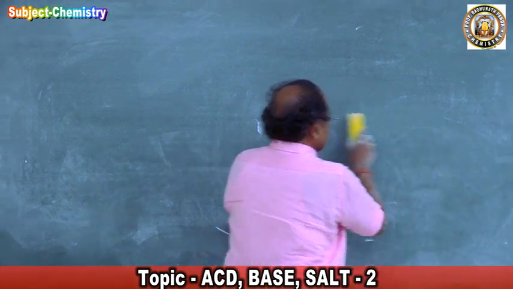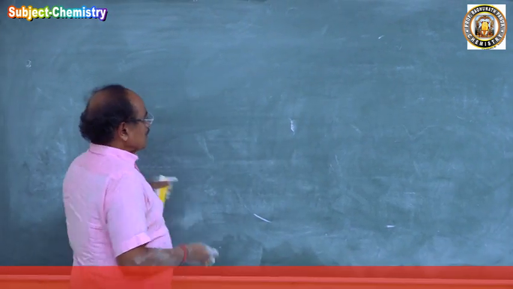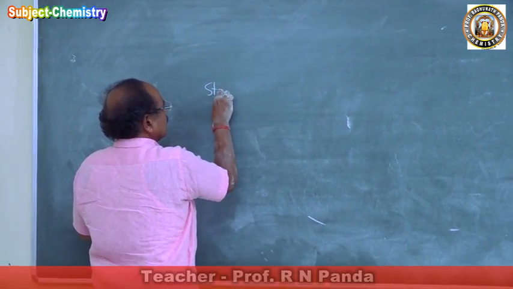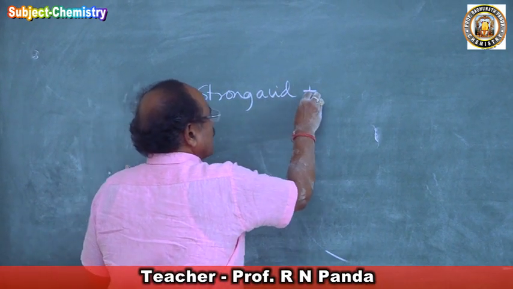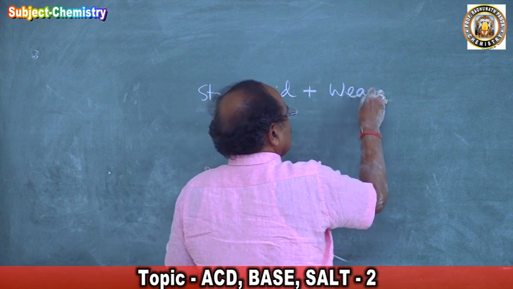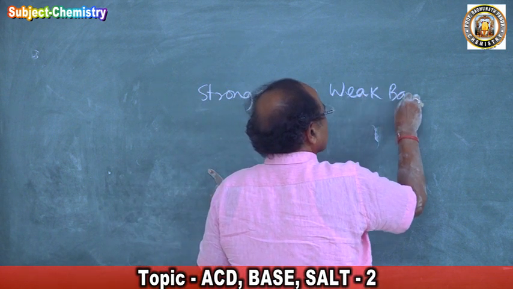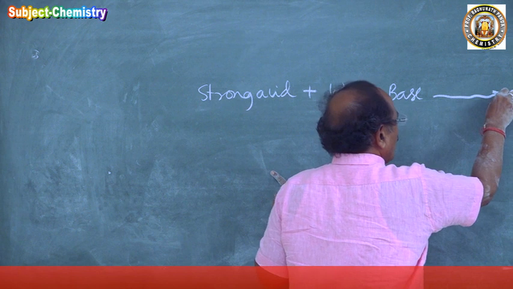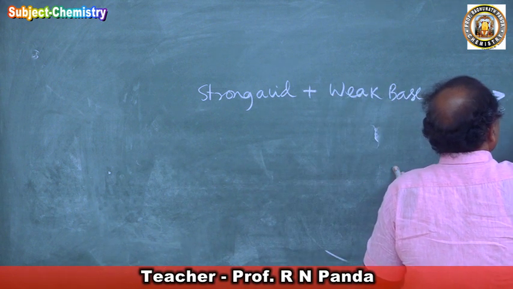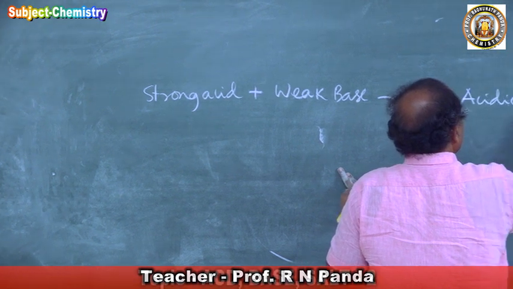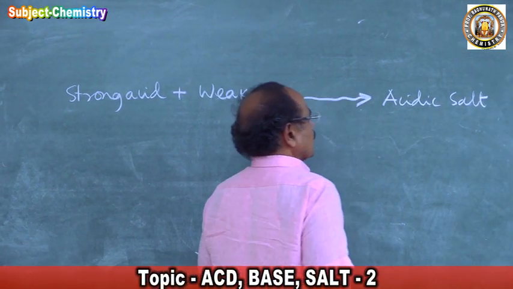Suppose you take a strong acid and a weak base and form a salt. This will form an acidic salt.